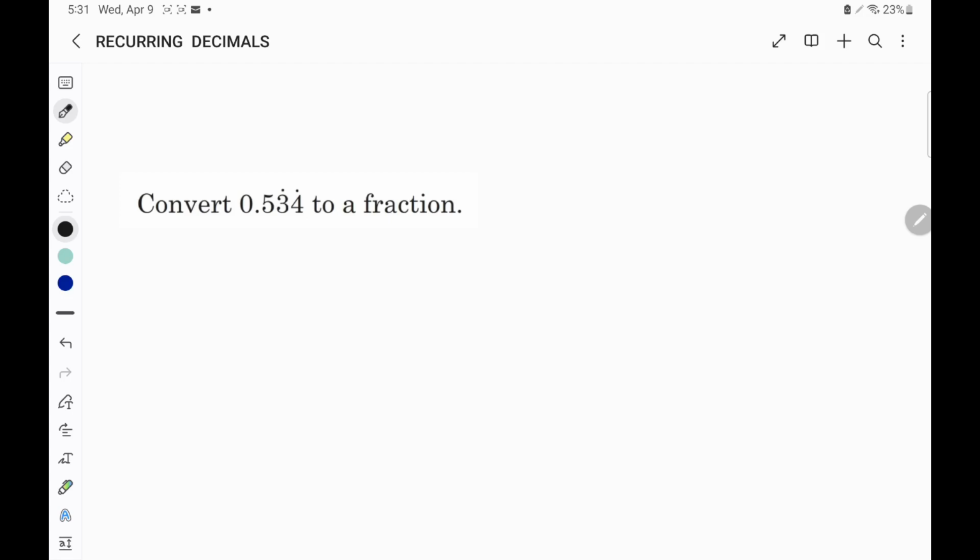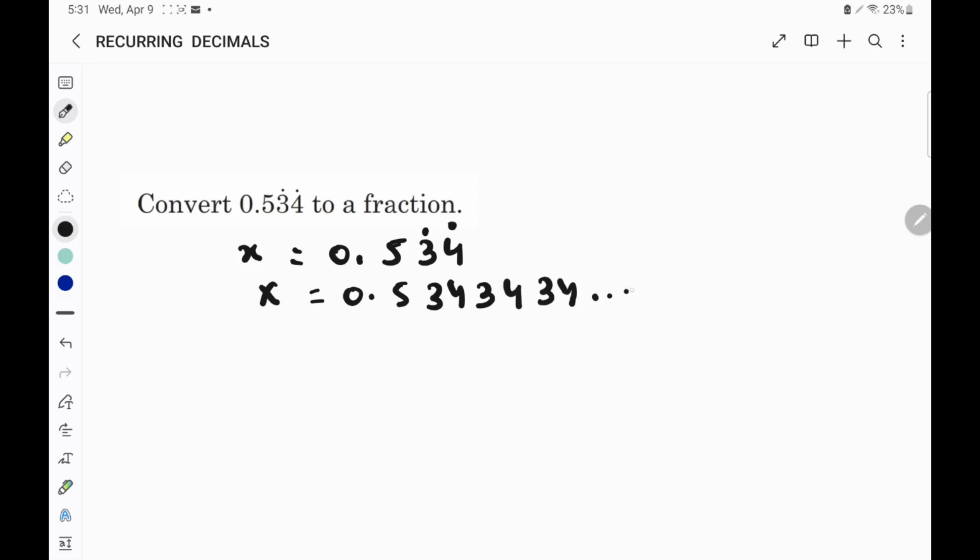So you need to multiply by 1000, because 3 numbers are there. Let x be equal to 0.534, which means 0.53434, only 34 are the repeating numbers.